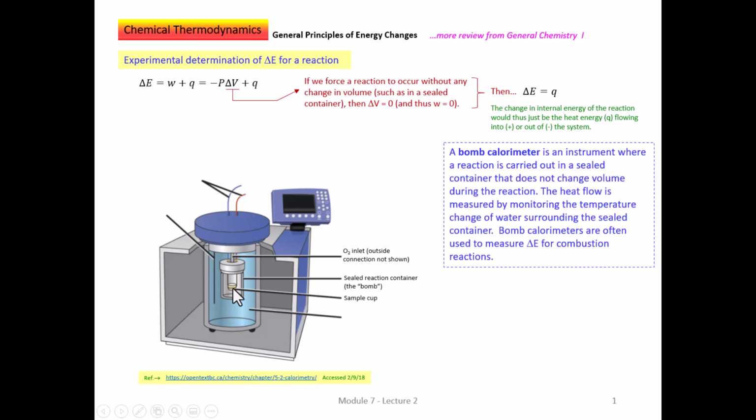So you need a source of oxygen. So into this sealed container is an oxygen inlet. The oxygen inlet's not shown externally, but it's not a big deal. There's water in this chamber here surrounding the sealed reaction container. There's a thermometer to measure the change in temperature of the water, and there's electrodes to supply a spark to get the reaction going.